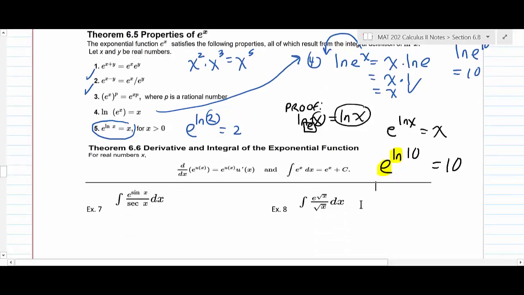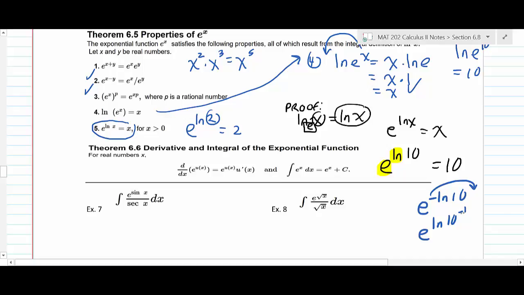If it's like e to the negative ln of 10, is it 1/10? Yeah, what would happen on that, if you were saying e to the negative ln of 10? Yeah, see, you could bring that up and write that as e to the ln of 10 to the negative 1, right? Is that what you're thinking?